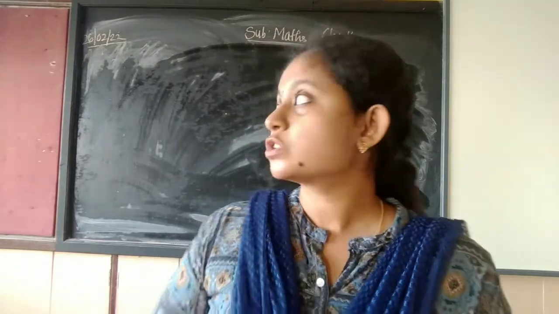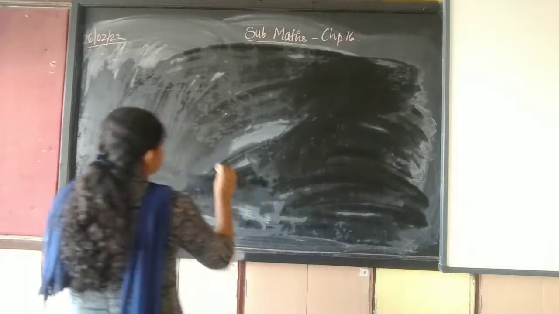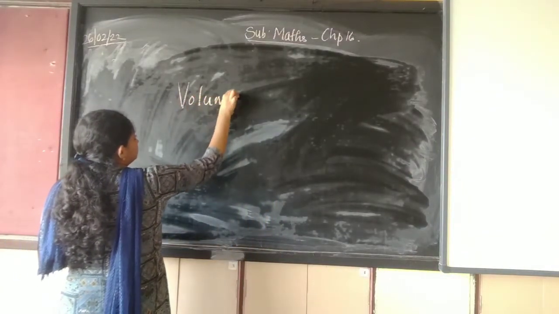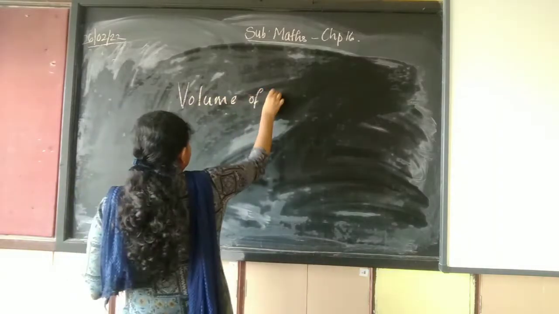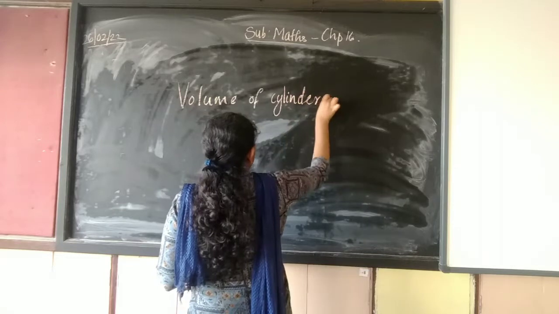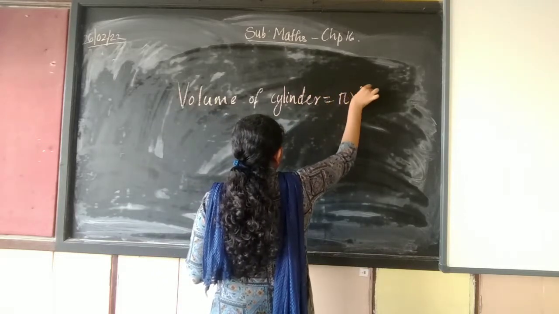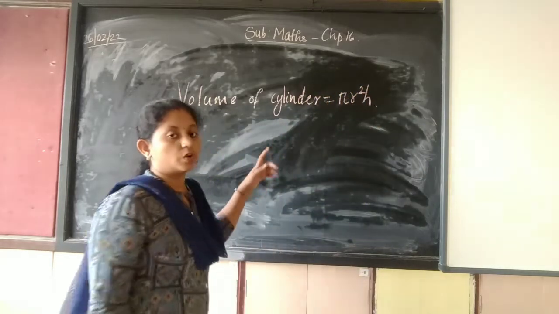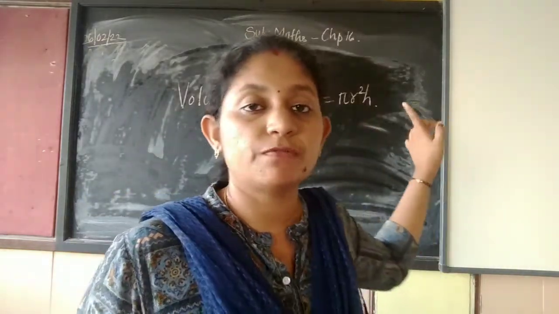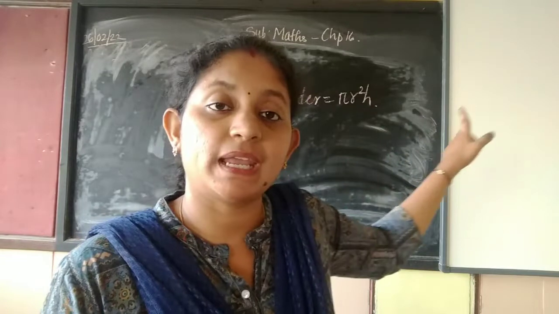So based on that, we are going to solve a few questions. So I'll just write down the formula in your book. Volume of cylinder is equal to pi r square h. Okay, so to find the volume of a cylinder, we are going to use the formula pi r square h.